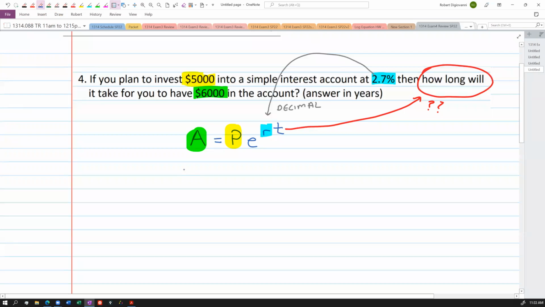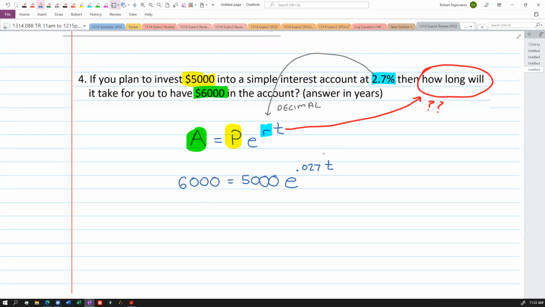My equation should be 6,000 equals 5,000 e to the 0.027t. And that's it. I need to solve that for t.